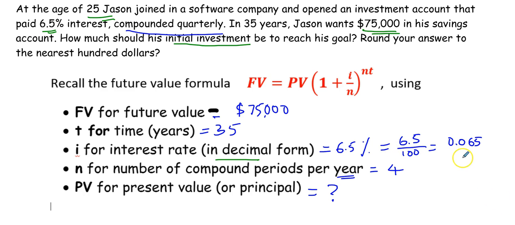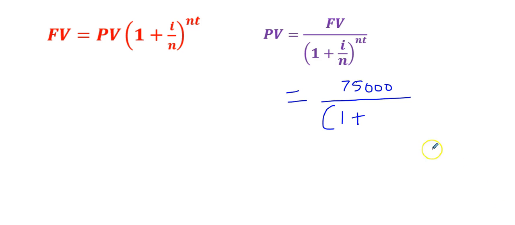We have i is 0.065, n equal to 4, and of course t is 35. I have to substitute those values. So 0.065 divided by 4, raised to 4 times 35.